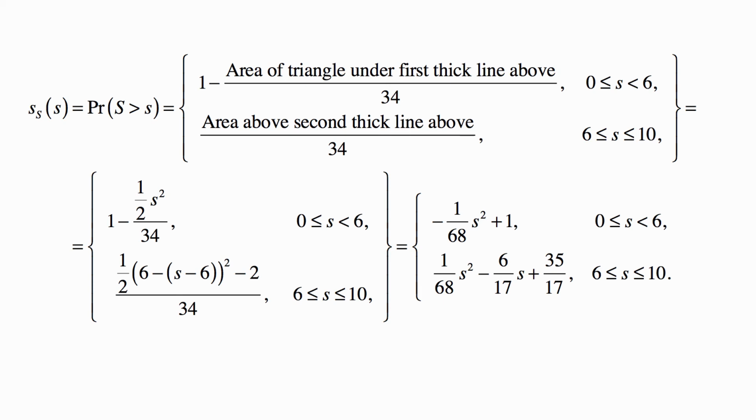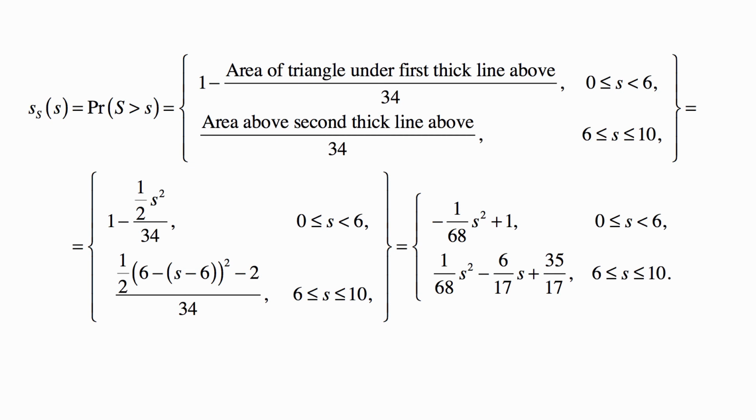In the second case, it's 1/2 of (6 minus (s minus 6)) squared, that's this bigger triangle, half of the product of two perpendicular sides, minus the small cutout triangle.